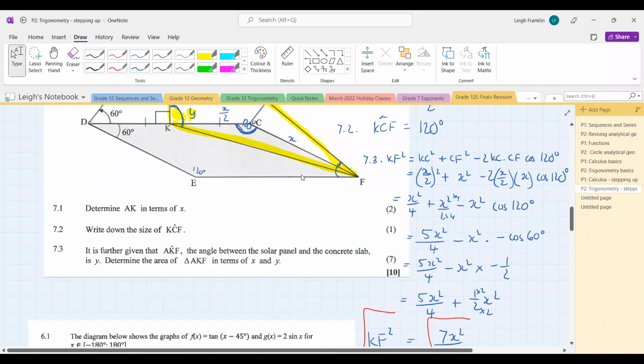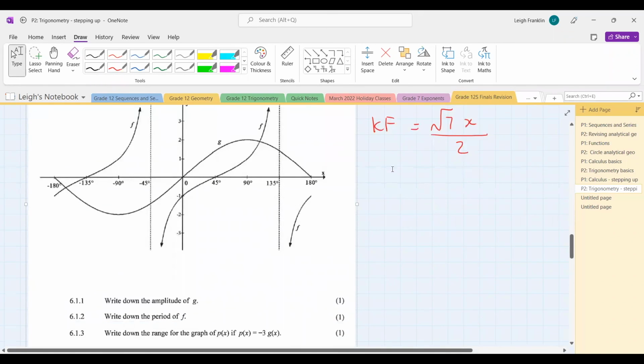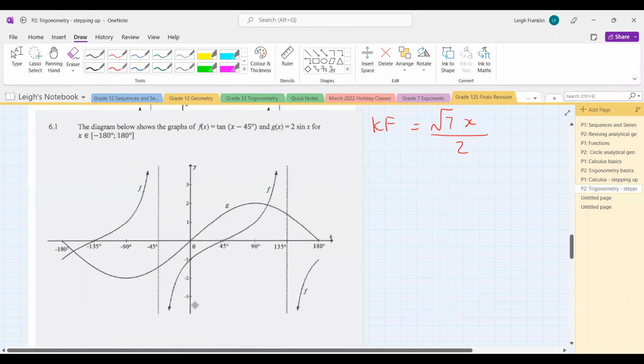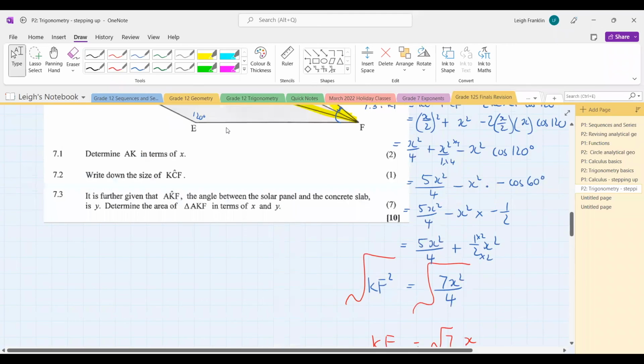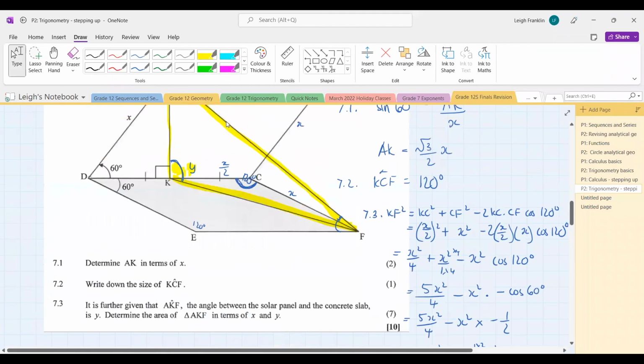Now that we've got KF, we can use our area rule. So what I'm going to do is I'm just going to move this out of the way. Now we're going to use our area rule.